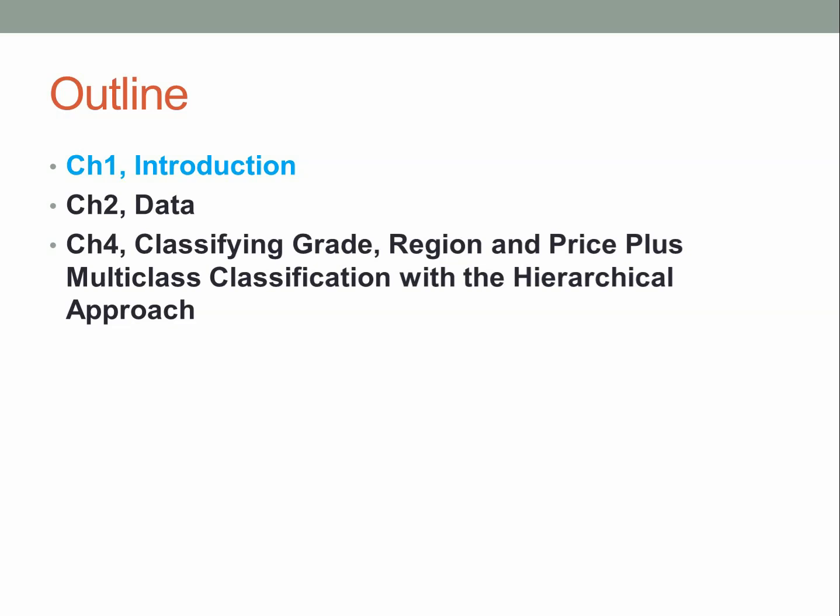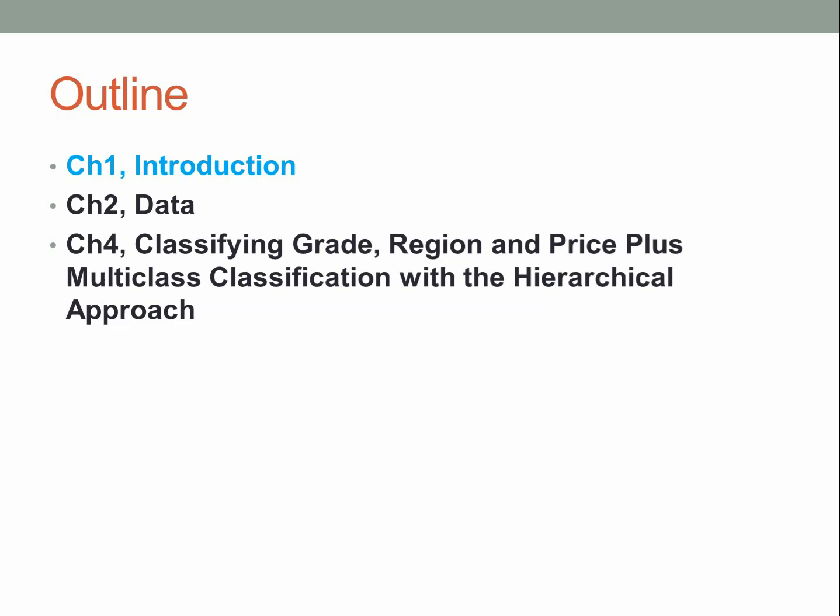Chapter 4 is about classifying grade, region, and price, plus multi-classification with a hierarchical approach. This is considered as predicting multiple labels for the grade, the region, and the price, through a very straightforward hierarchical approach using SVM. So that is the outline that we want to see in this video.